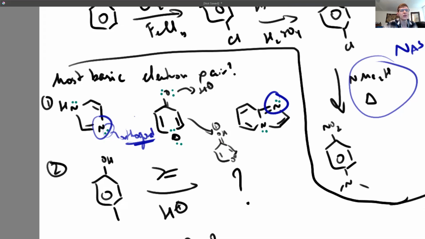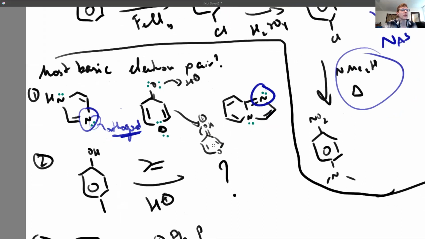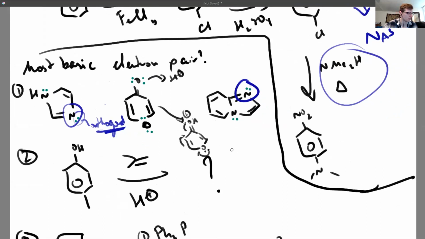And we can move these electrons up, kick these over, and push this on. Which, if we do this, at the end of the day, this is aromatic. That would be why. Okay. And then this one's good.